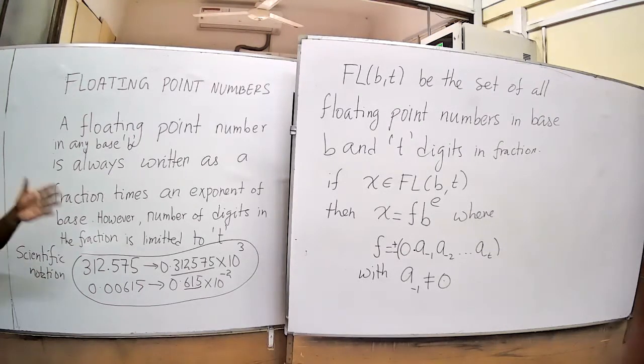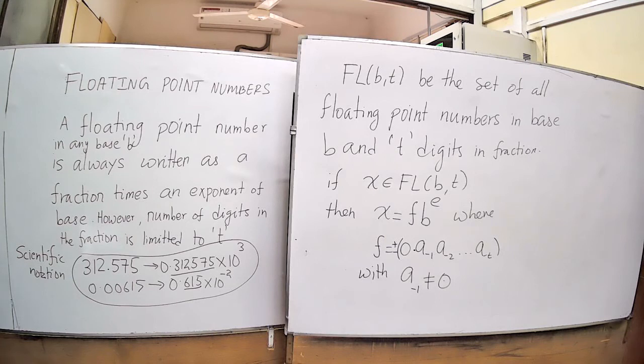So if it is zero, then you can transform it again into a fraction with a non-zero first digit. So this is the representation of floating point numbers. That is how we are going to see the floating point numbers.